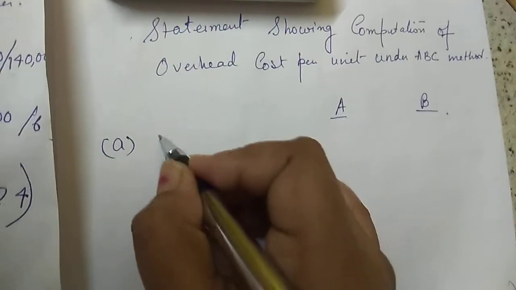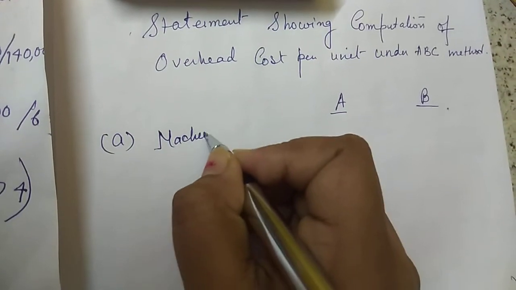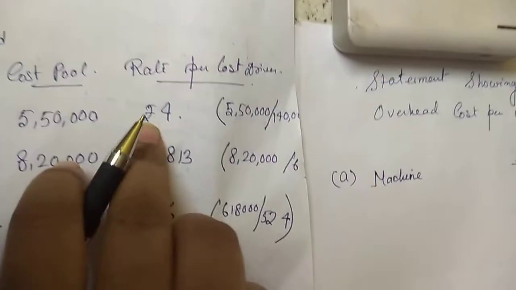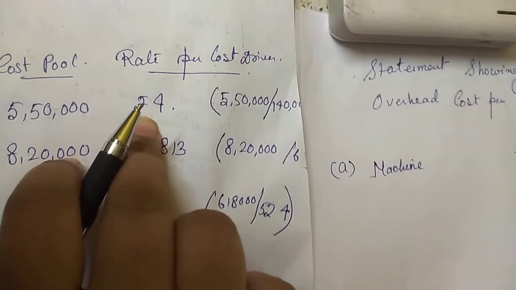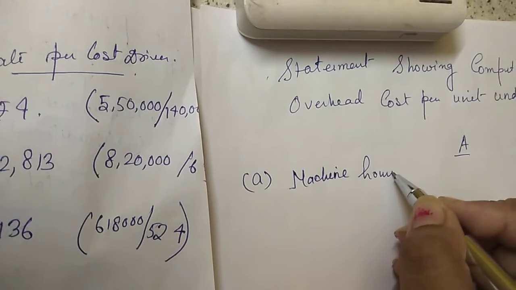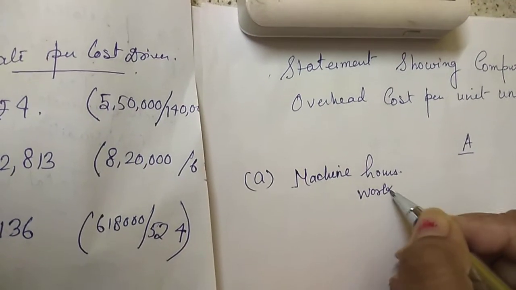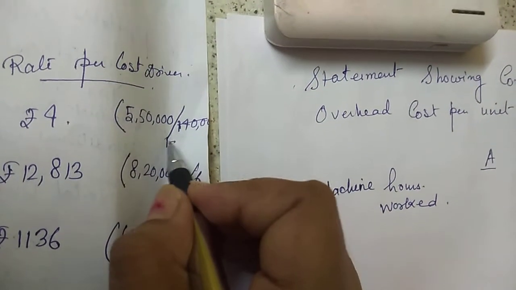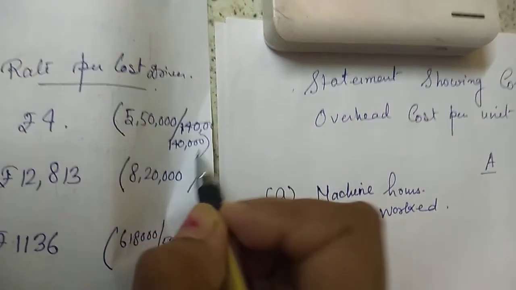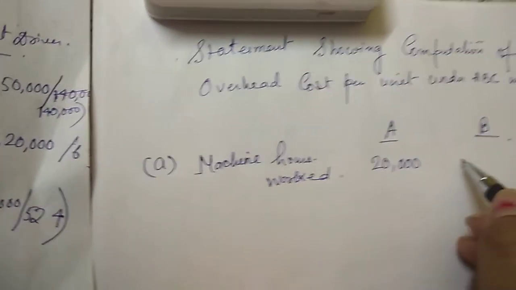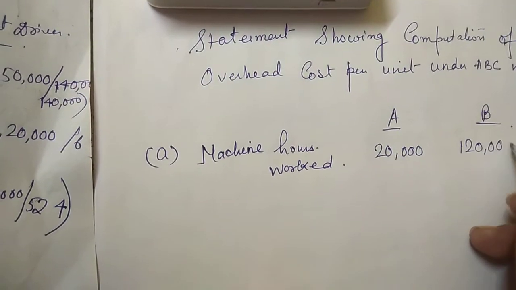First, let us find out the machine related cost. The first cost is by rate per cost driver. So here we write machine hours worked. Total machine hours worked is 1,40,000, and for A the machine worked 20,000. For B it worked 1,20,000.